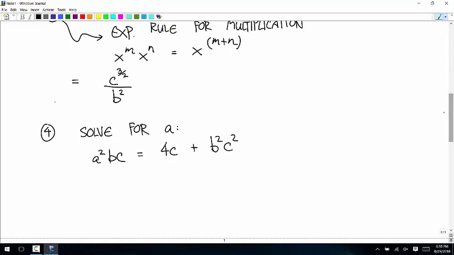So first I'm going to divide everything by b times c. So we get a squared is equal to... everything on the right side needs to be divided by b times c, so I'll write that as 4c plus b squared times c squared, all divided by bc.